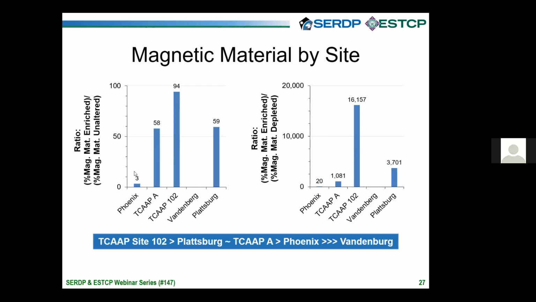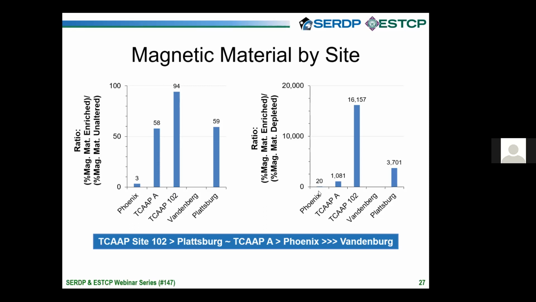The Phoenix sample, which I'll show you in a minute, the C14 results show a modest level of enrichment in magnetic material. It's really quite high for TCAP-A, 102, and Plattsburgh. When you express that ratio of enriched to the depleted fraction, so the left side is just to the unaltered fraction, this panel is for the depleted fraction, you can see that ratio is really enormous for TCAP 102, quite high for Plattsburgh, and also TCAP-A.